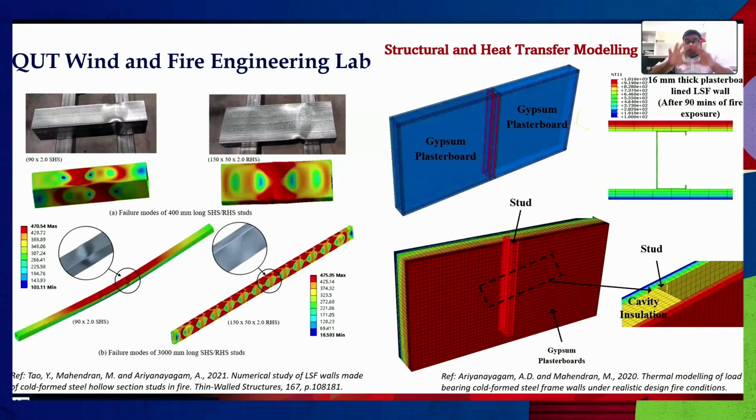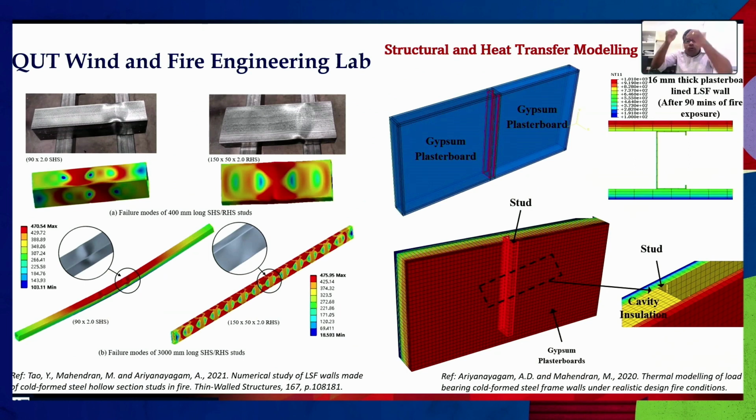In addition to this experimental setup and experimental facilities, we do a lot of computational modeling for structural capacity as well as for heat transfer. If you look on my right-hand side, that's a wall panel. It's a wall panel made up of a steel stud in the middle, and on both sides, gypsum plasterboard. So we expose that to a fire and see how the temperature penetrates or transfers from one end to the other end.